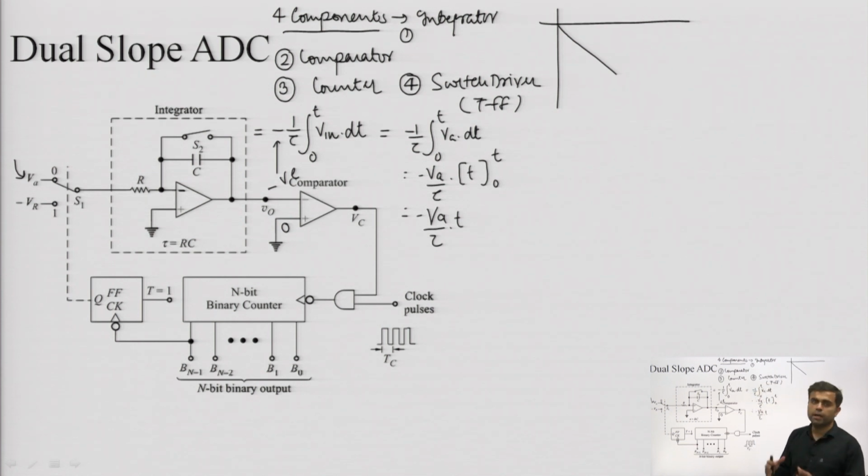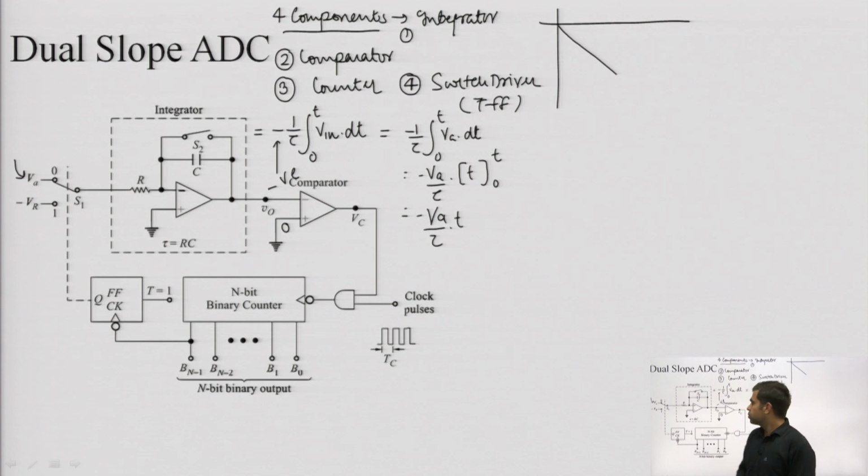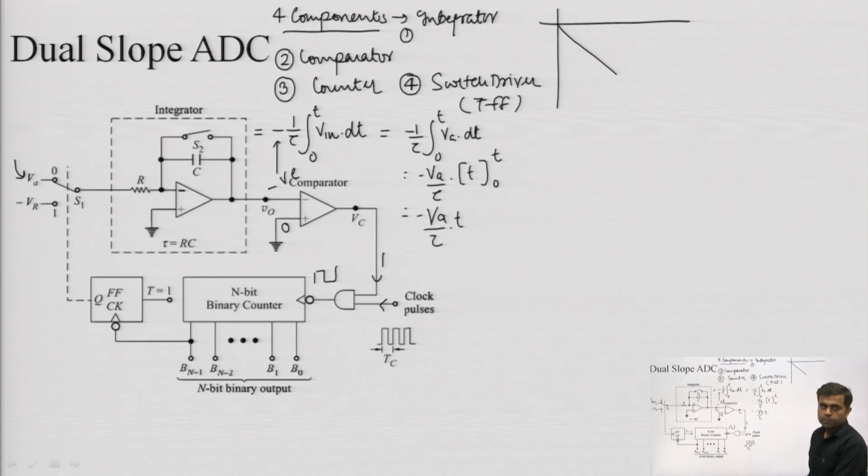Anything of negative value will always be lesser than 0, so the comparator will always be giving me one output, that is a high output. Clock pulses are there, this is an AND gate, 1 into clock pulses, that means the clock can enter as long as the comparator output is high.